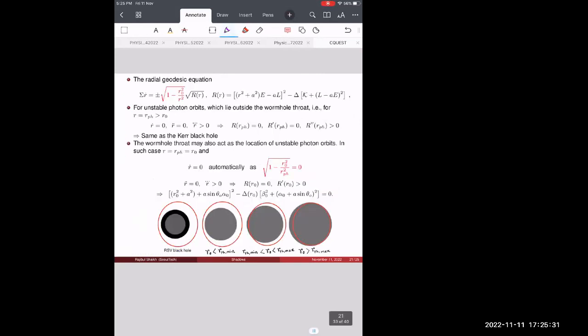And the radial geodesic equation, which we need to find the unstable circular orbits, is given by this. Note that this is the same as the Kerr black hole except for this red term.